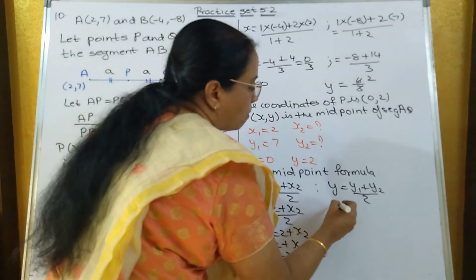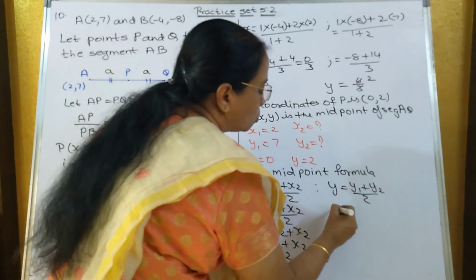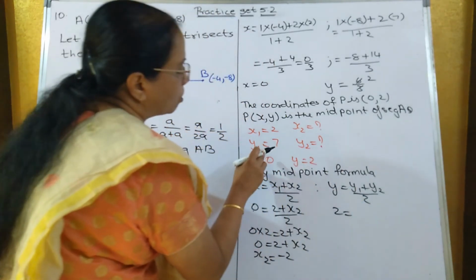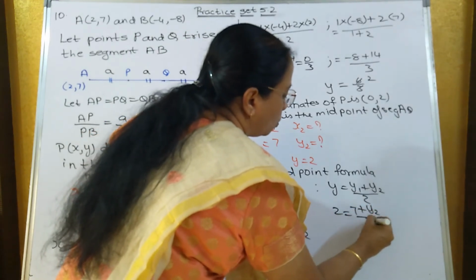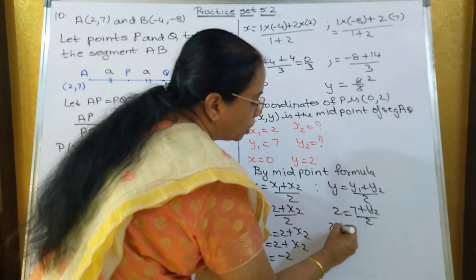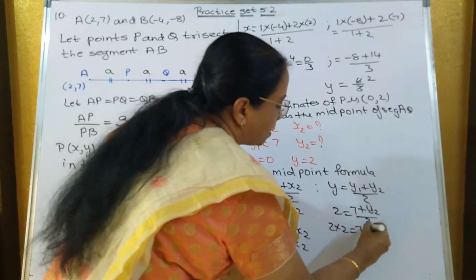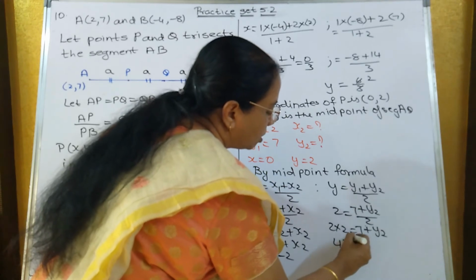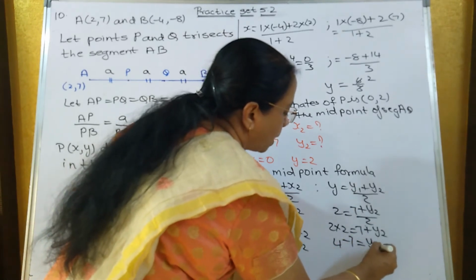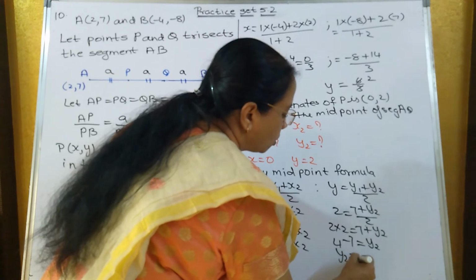Similarly, y is equal to what? Y is equal to 2 is equal to y1, how much? 7 plus y2 upon 2. Take this 2 on this side, you'll get 2 into 2 is equal to 7 plus y2. 2 2s are 4. Bring the 7 on this side, so minus 7 is equal to y2. So y2 is equal to how much?